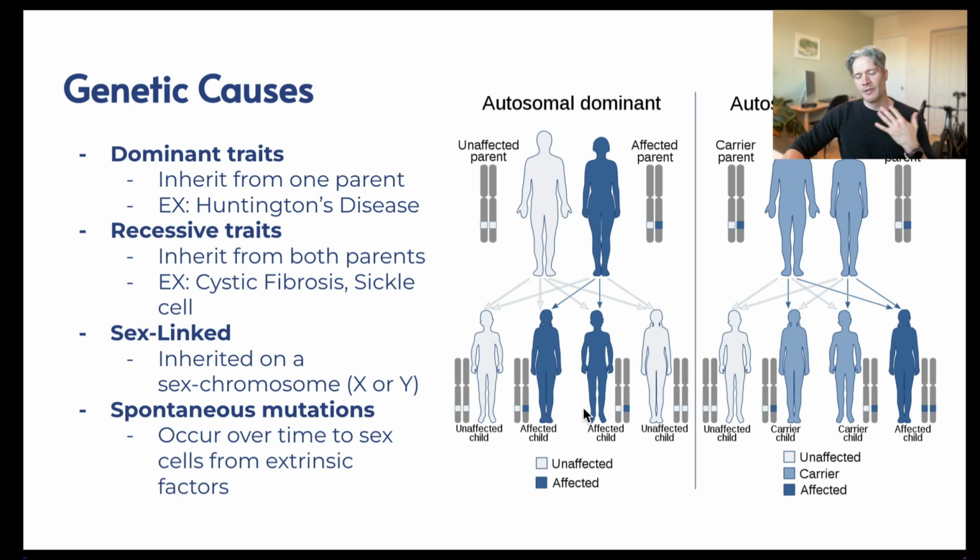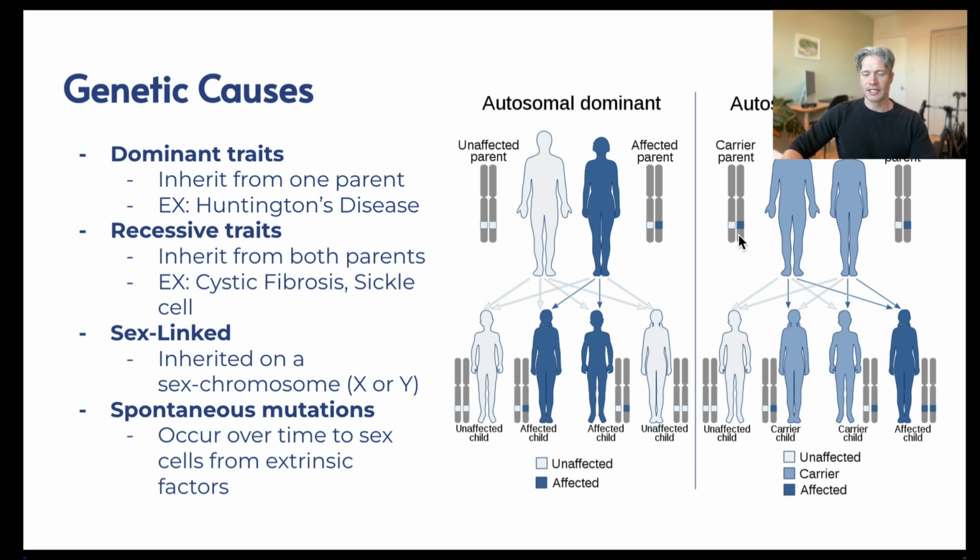So to be an affected child, you essentially just have to have one affected gene present, as received from this parent here, right? And then we can look at the other children. Because they don't have any of the dominant genes present, they happen to get a non-dominant gene from either parent, they're unaffected.